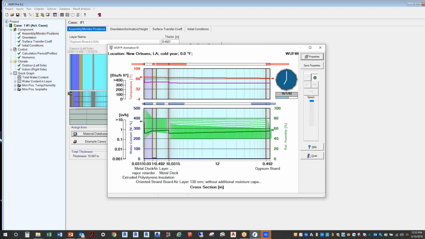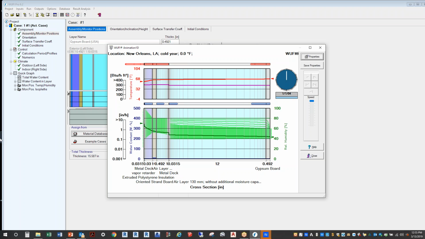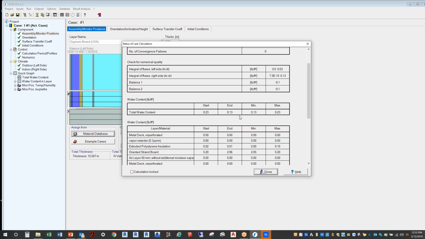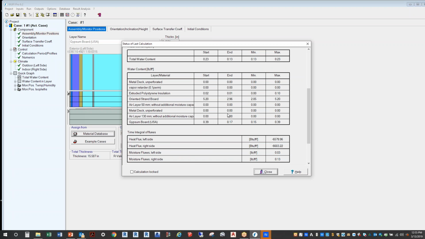So somebody was asking, can we do this on a roof? This is a roof that we're looking at, tilted at 45 degrees, metal. And that vapor barrier appears to be doing its job. So we started off at 0.23, we ended at 0.13 for the assembly.